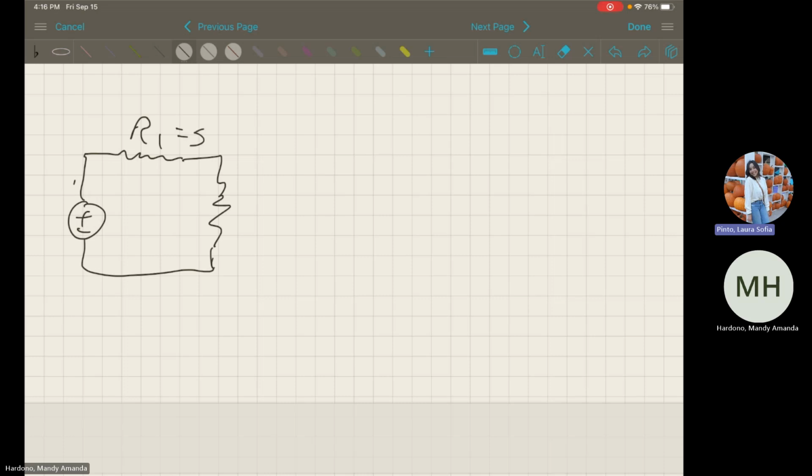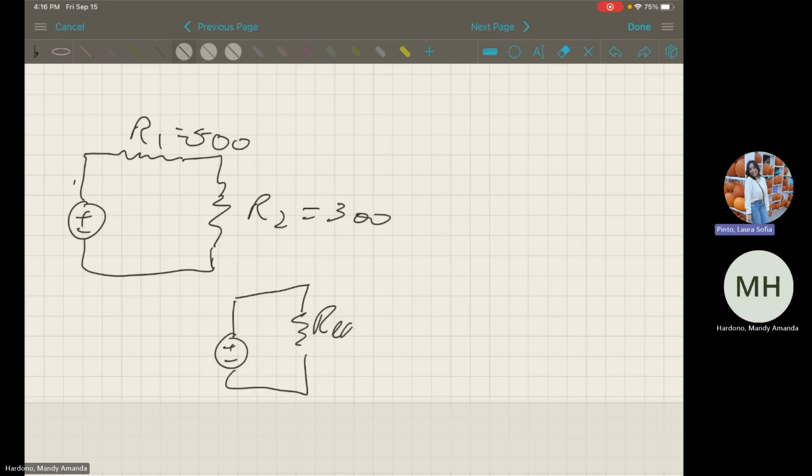R1 is 500, R2 is 300. This would simplify down to one resistor, R equivalent being R1 plus R2, which is 800.